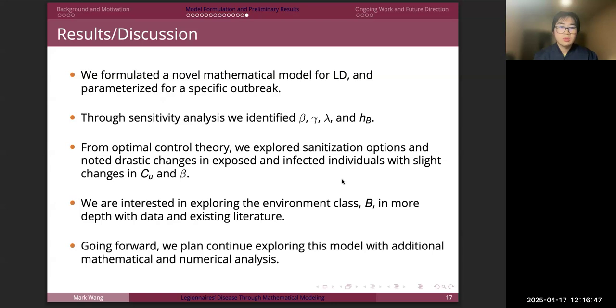And then we used some optimal control theory and figured out what the control is going to do for our system, and saw how it might change if we altered things like the cost of sanitization and the transmission rate. Something we're also interested in doing is understanding the environment class B, as we currently don't have much data on it and there's not much existing literature, but we want to understand how we might incorporate it better into our model.